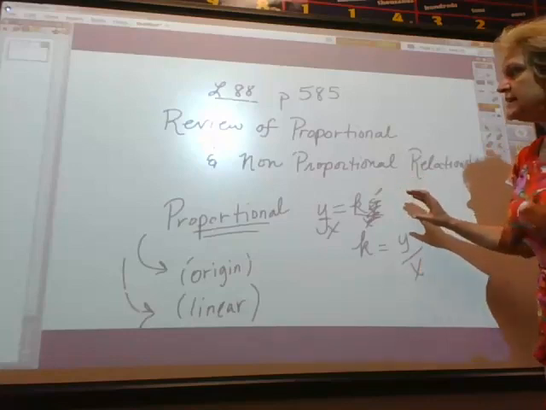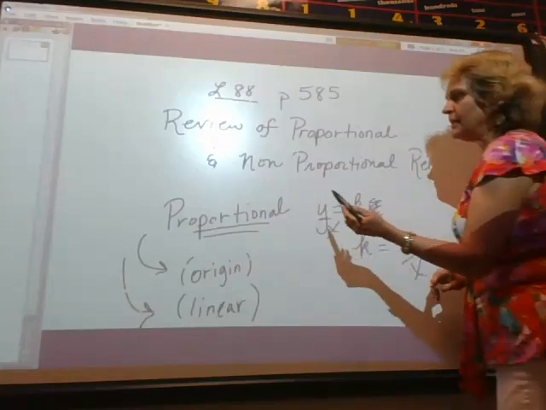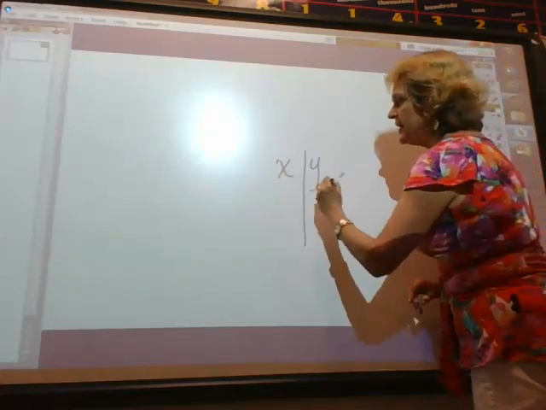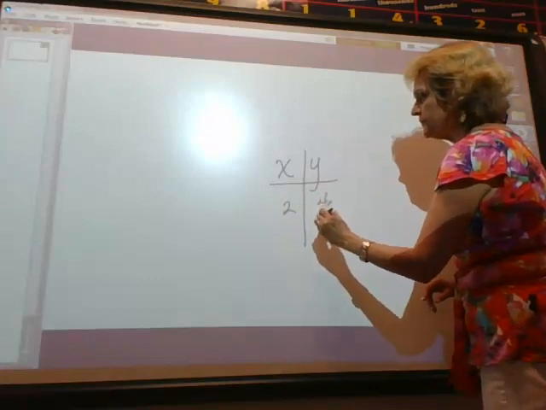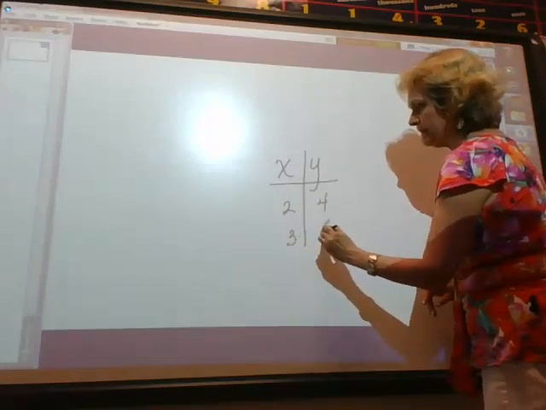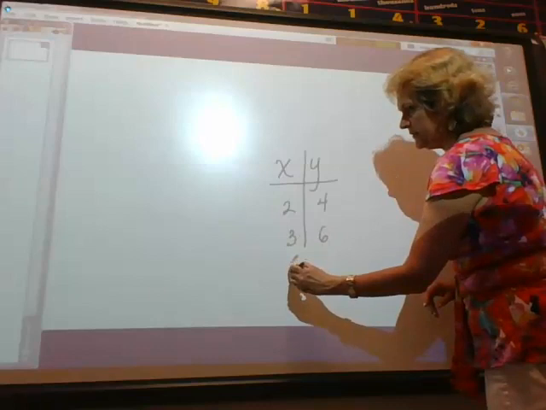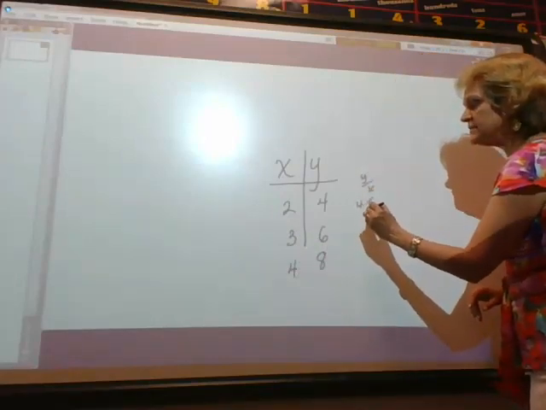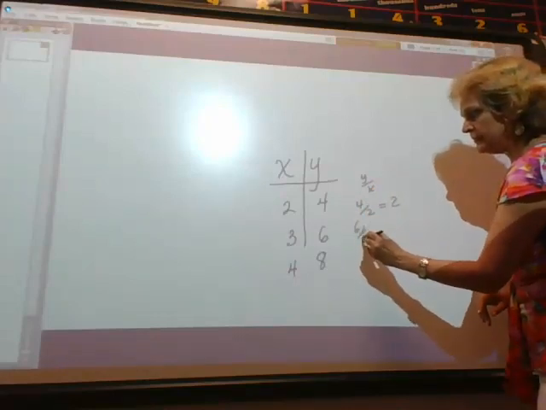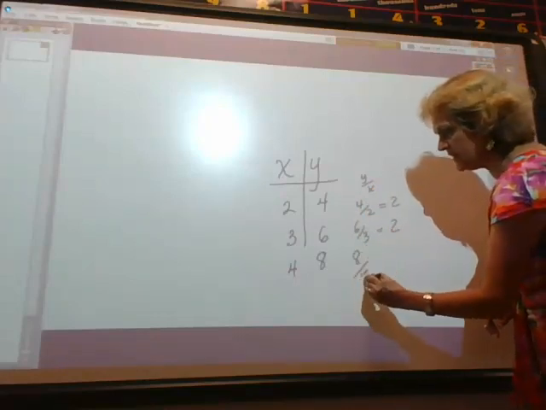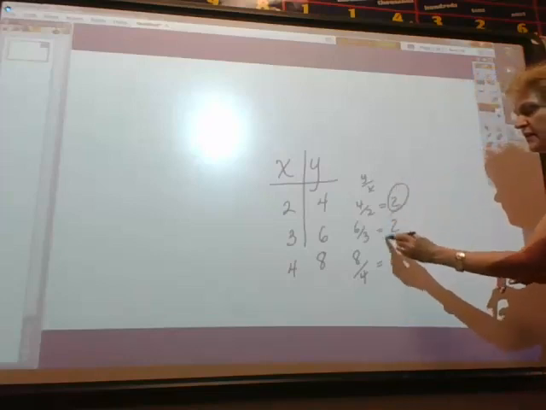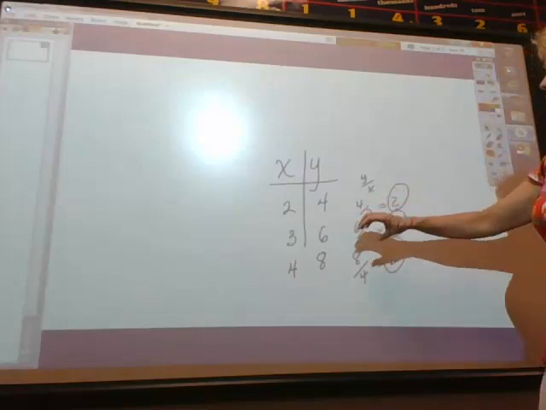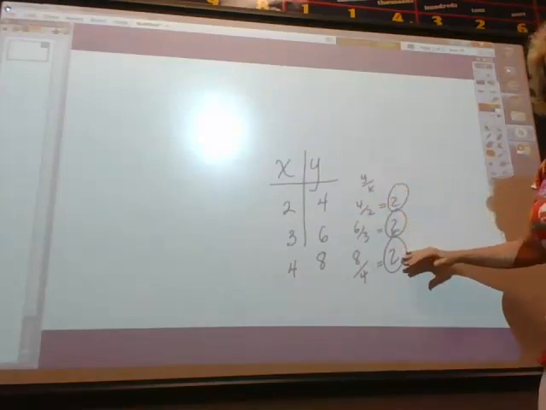So you can always, in your table, if you have a table of values, okay, if it's proportional, then your y over x will always be the same number. Okay, so that's why we call it a constant. Okay, it could be a different number on a different problem, but in each individual problem, the y over x will always be the same if it's proportional.